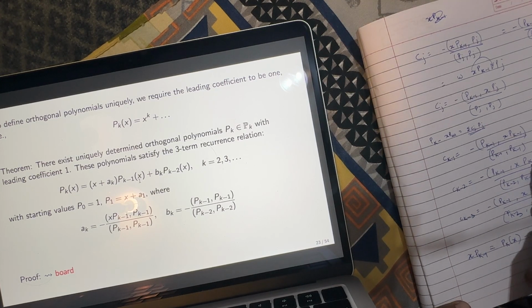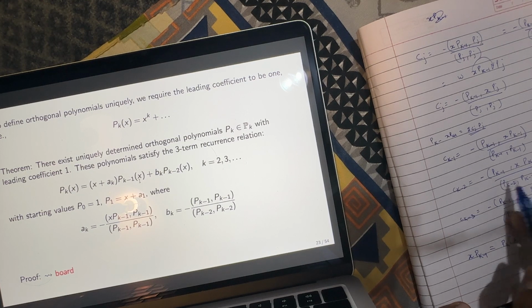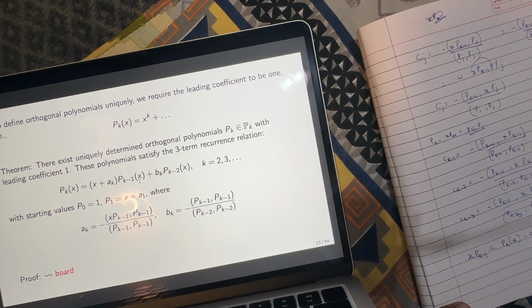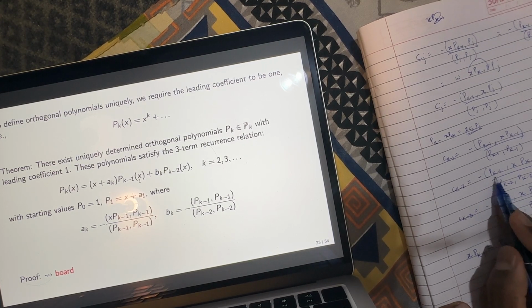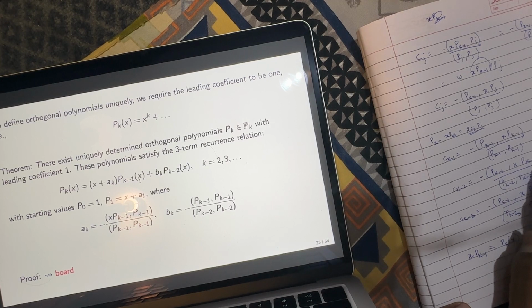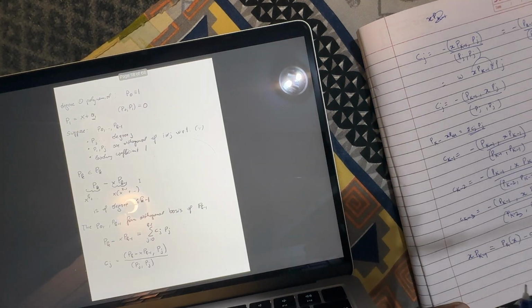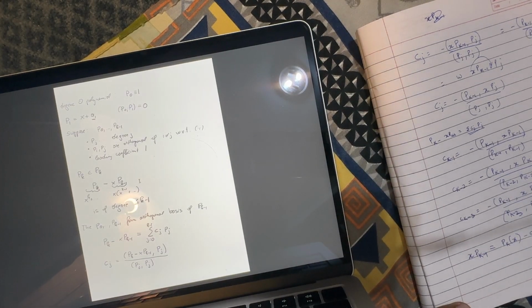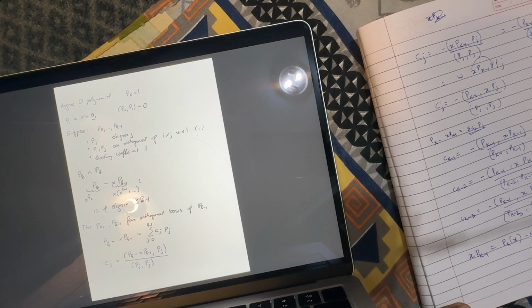Let me write x Pk minus 2, right? K equals k minus 1, so it becomes Pk minus 1 Pk minus 1, they both are there, minus ak minus 1 Pk minus 2, and Pk minus 1 Pk minus 2 will cancel out with each other. Pk minus 3 and Pk minus 1 will cancel out too. So Ck minus 2 only results in minus Pk minus 1 over Pk minus 2 Pk minus 2.